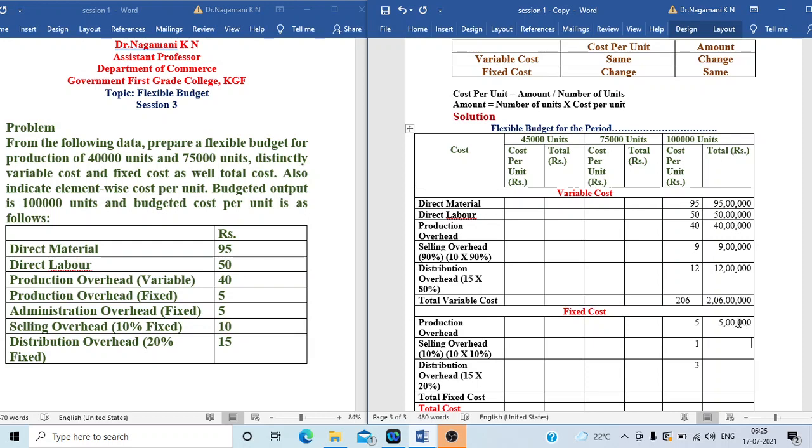Next, selling overhead 1 into 1 lakh, 1 lakh will come. Next, distribution overhead 3 into 1 lakh, 3 lakhs. Now we should put the total fixed cost.